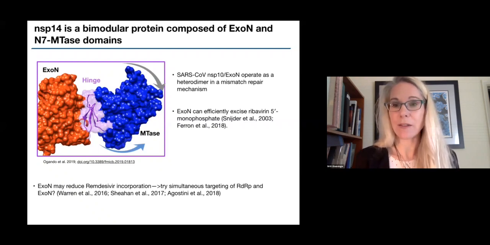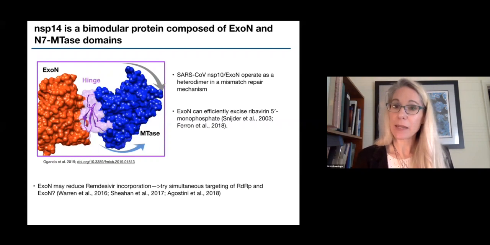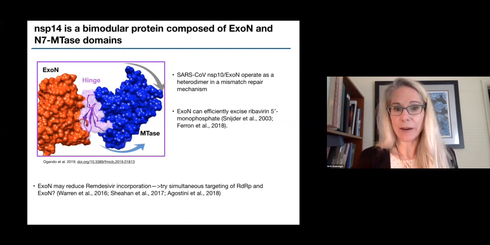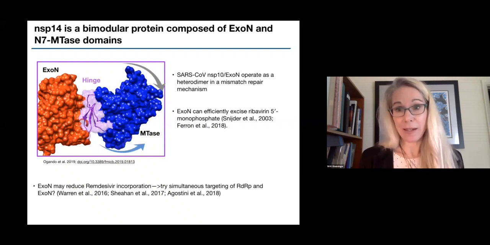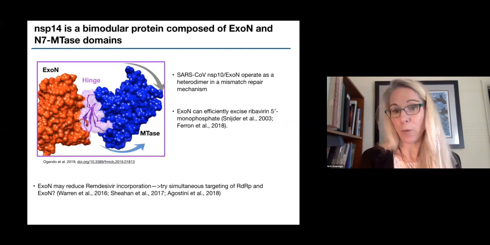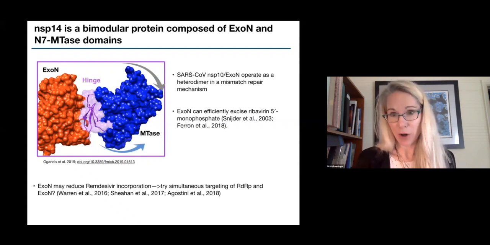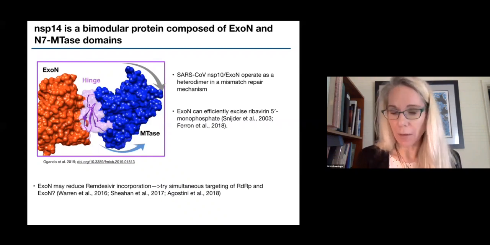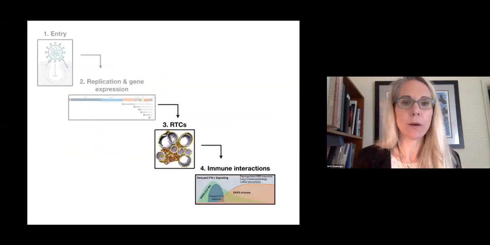Remdesivir is of course a nucleoside analog that's being extensively explored now for COVID-19, and is showing potentially some promise there. But it's possible that its activity is muted to some extent because of this ExoN proofreading function. And so it may be worthwhile to try simultaneously targeting the RdRp and this exonuclease activity through some sort of dual combination drug. All right.